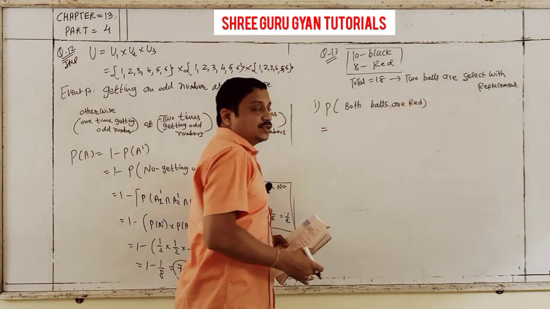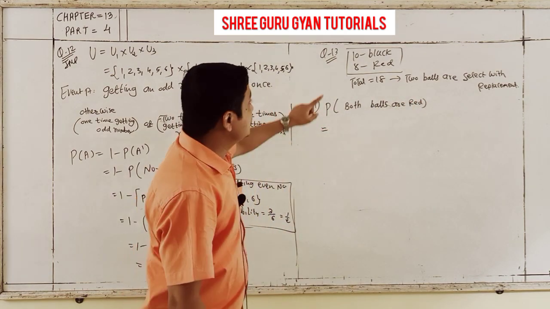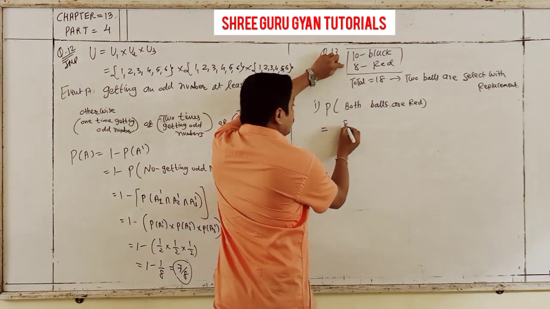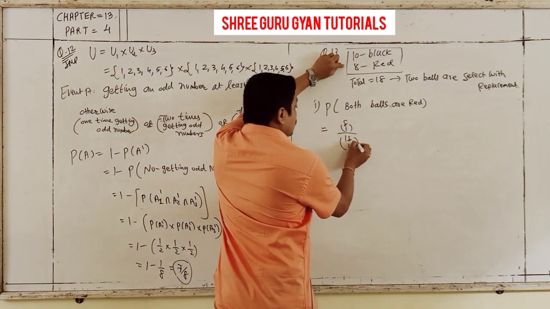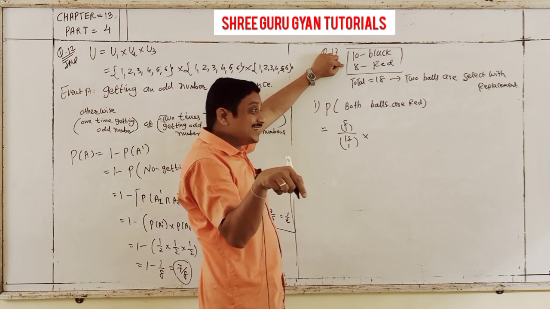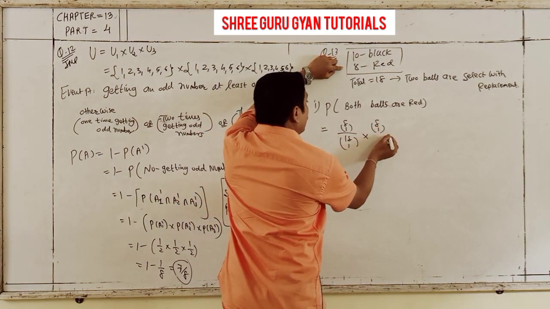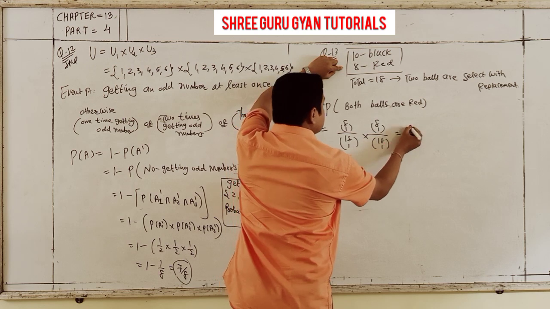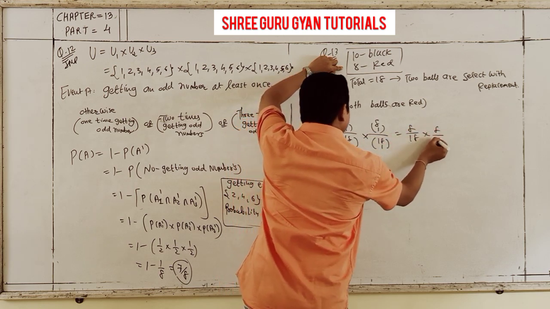Both red means first red, and with replacement means you put the ball back in the box again, then red again.